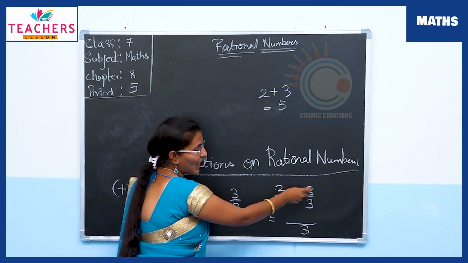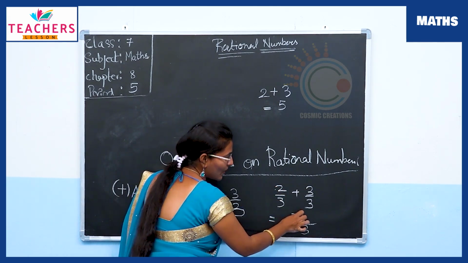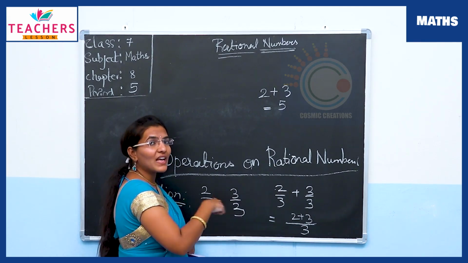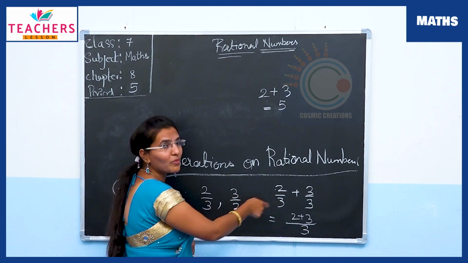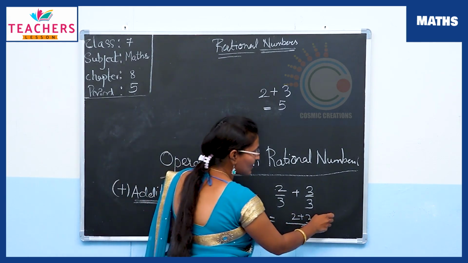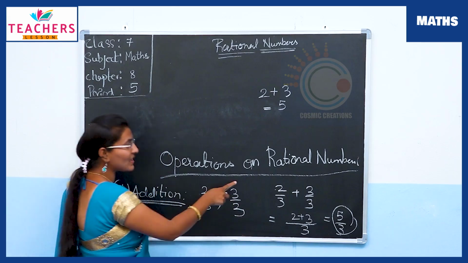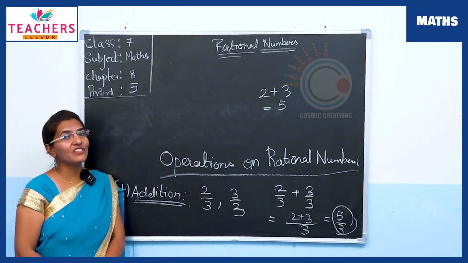Next, add the numerators 2 plus 3, because the denominators are the same. What is 2 plus 3, students? 5 by 3. So the answer for 2 by 3 plus 3 by 3 is 5 by 3.